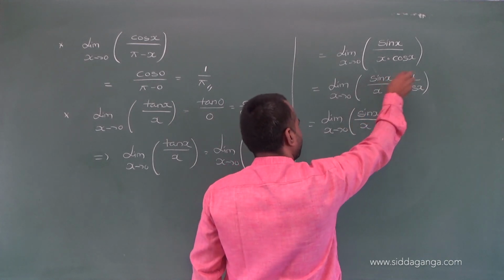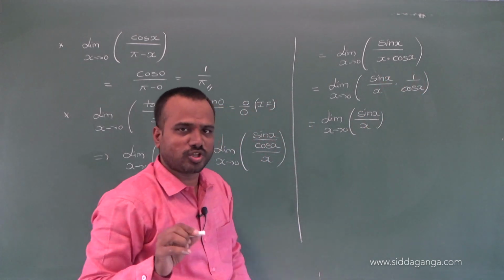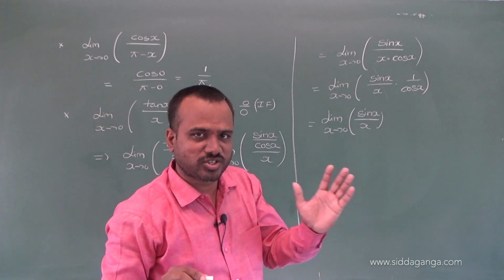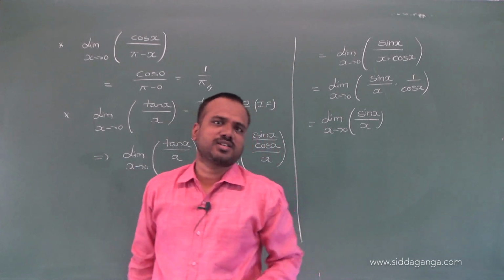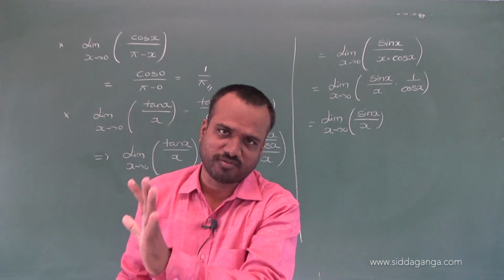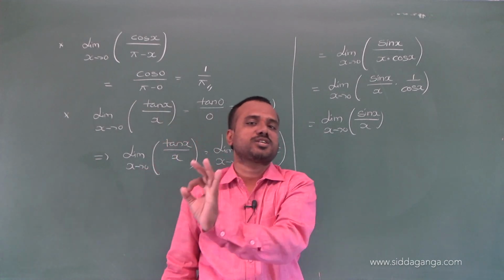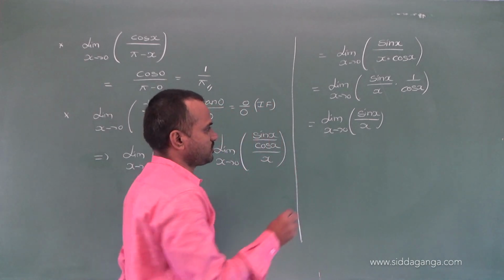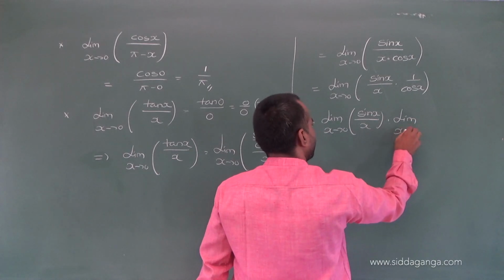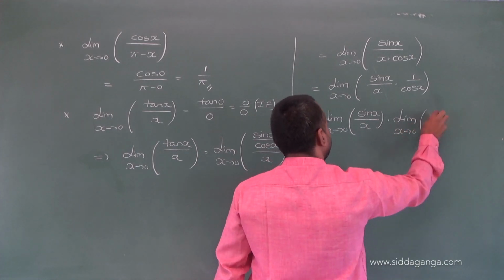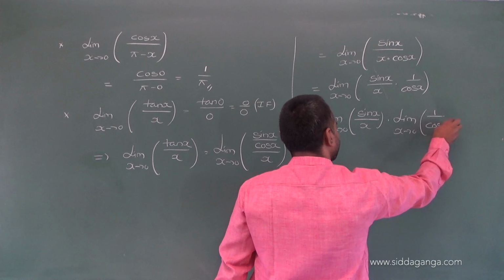This is f of x and this is g of x. You know the algebra of limits: limit x tends to a, f of x into g of x, we can write as limit x tends to a f of x into limit x tends to a g of x. So, into limit x tends to 0, 1 by cos x.